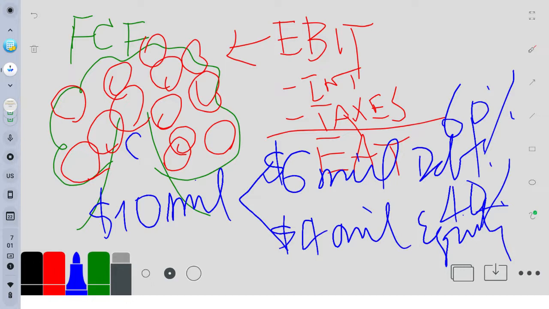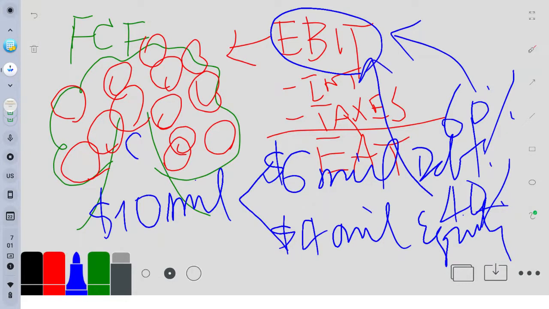All that harvest of fruit is 60% thanks to debt and 40% thanks to equity. The contribution of equity and debt is in the proportion of 40% and 60%, right?